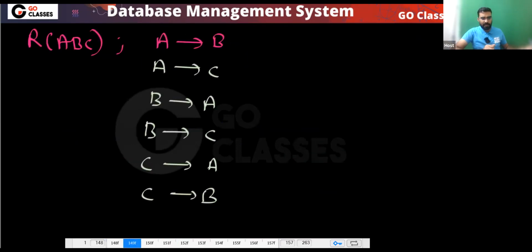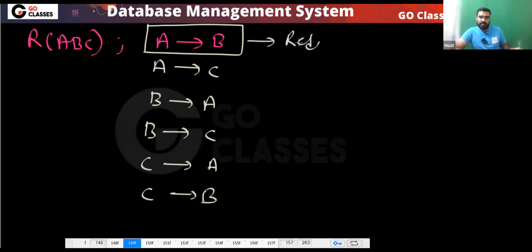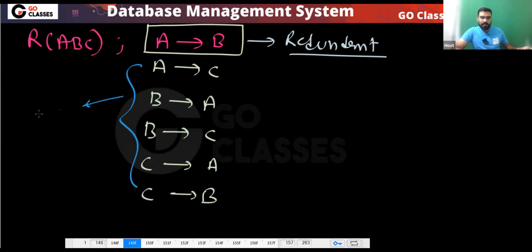Okay, you tell me one by one. Is this redundant? Yes, this is redundant. What is the reason? This is redundant because the remaining FDs can bring B. In the remaining FDs, if you find A closure, then that will be ACB.